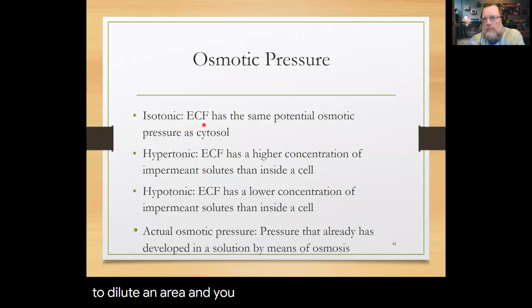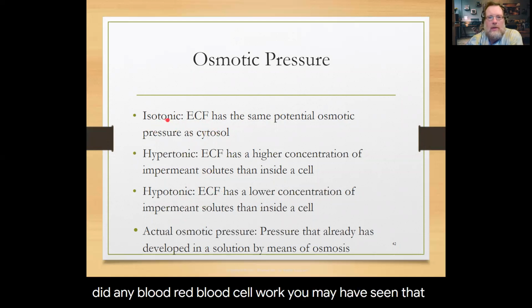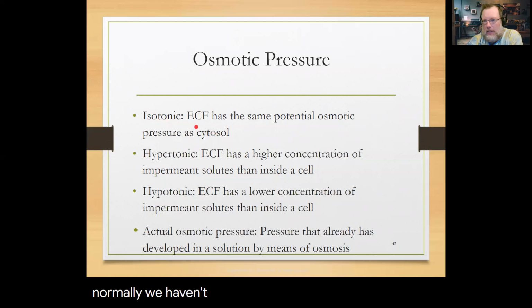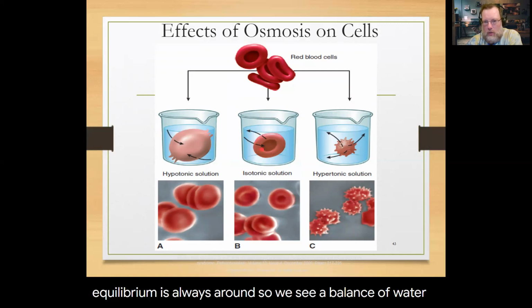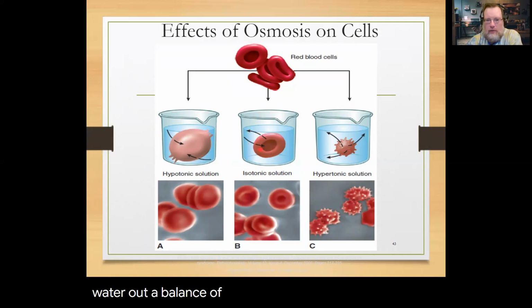You saw that possibly in general if you did any red blood cell work. You may have seen that normally we have an isotonic situation, where iso means same, so we're not going to see any type of excess. Equilibrium is always around, so we see a balance of water in, water out, a balance of substance in, substance out.